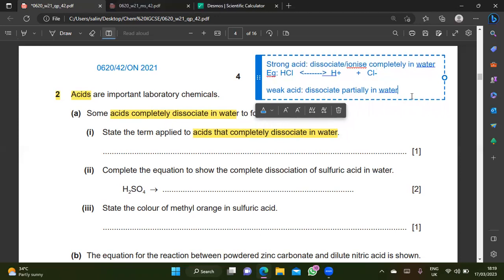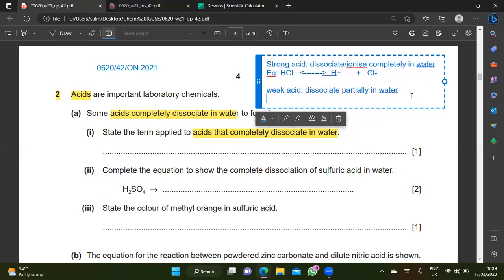What about your weak acid? For example, ethanoic acid is a weak acid, CH3COOH. We want to show it dissociates partially in water.